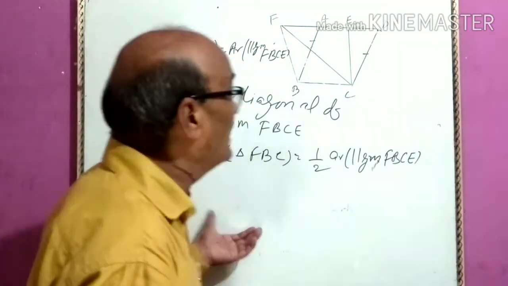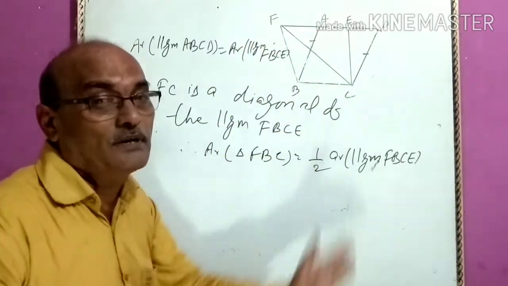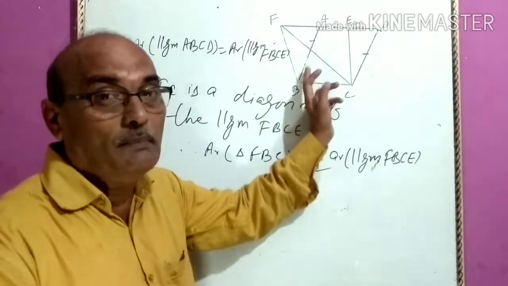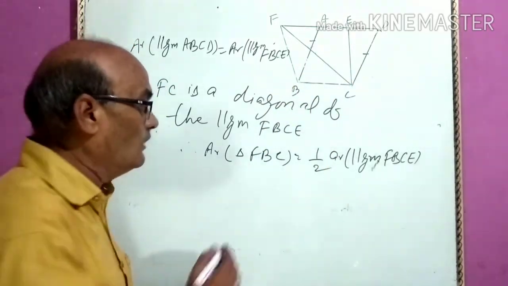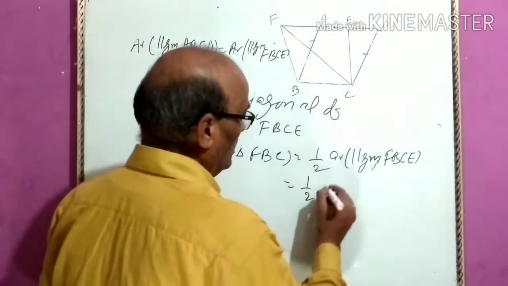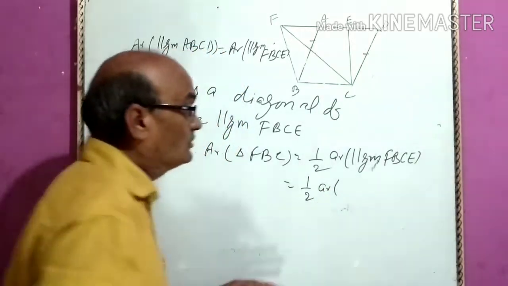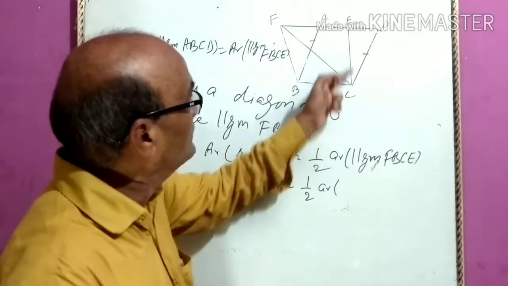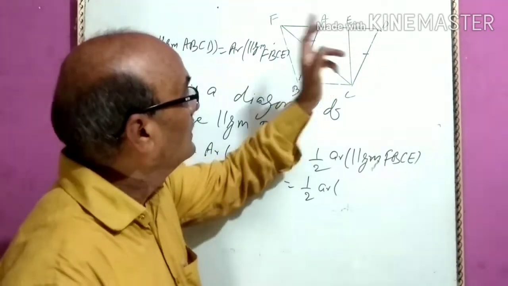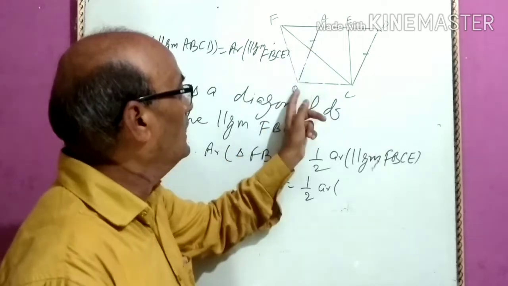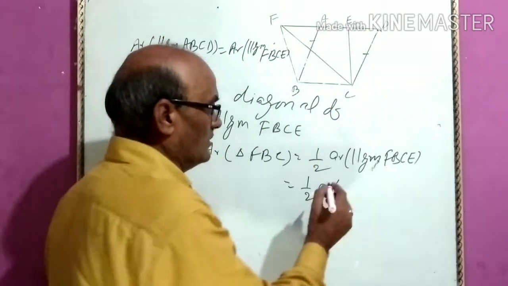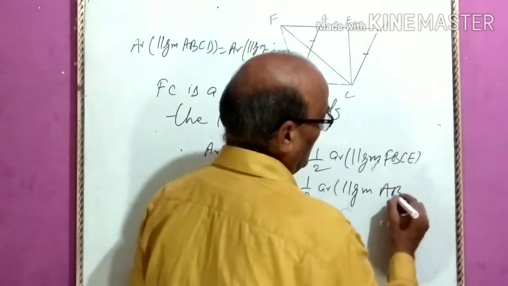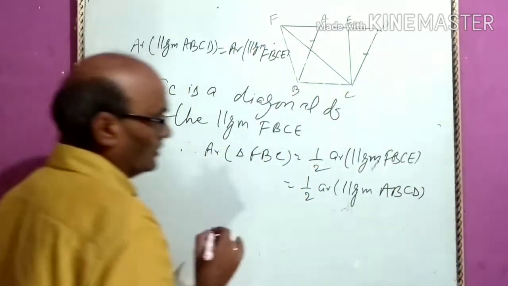Because we know that a diagonal divides a parallelogram into two triangles of equal area. It means the area of one triangle is half of the area of the parallelogram. Now replace 1/2 area. Now since we have shown that the area of parallelogram FBCE is equal to the area of parallelogram ABCD, so we can write area of parallelogram ABCD.